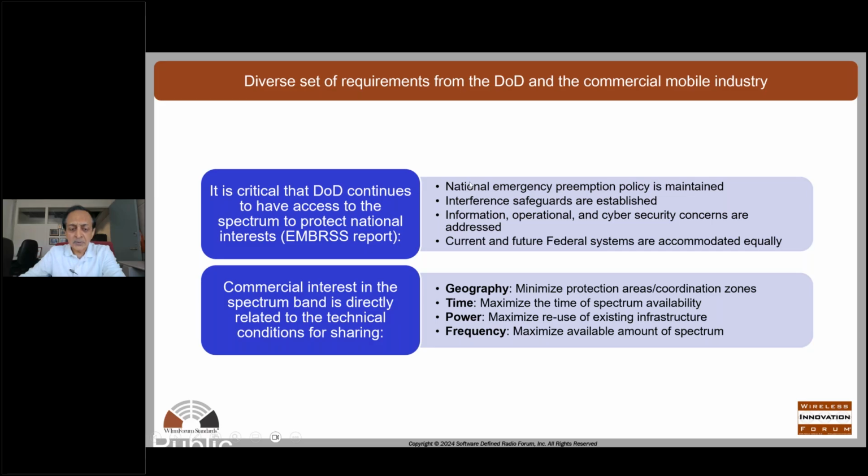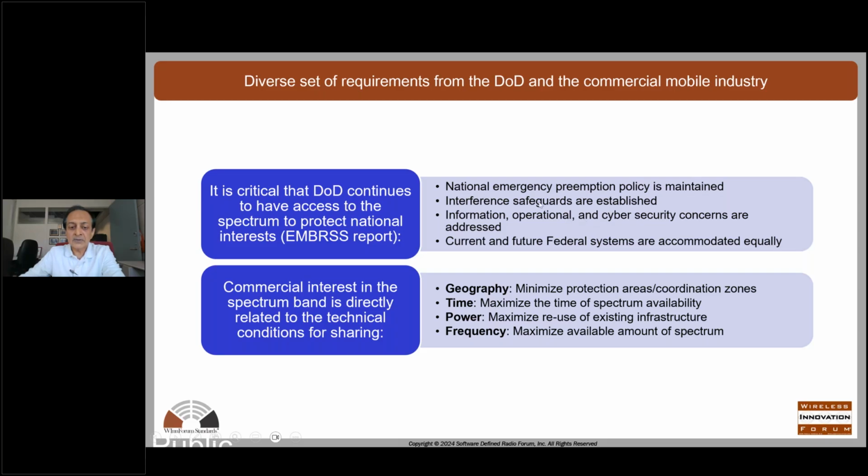I've listed only 4 of the paths, the recommendations, the conditions that need to be in place so that the spectrum can be shared. And you went through the whole 9 conditions. I'm not going to repeat them.